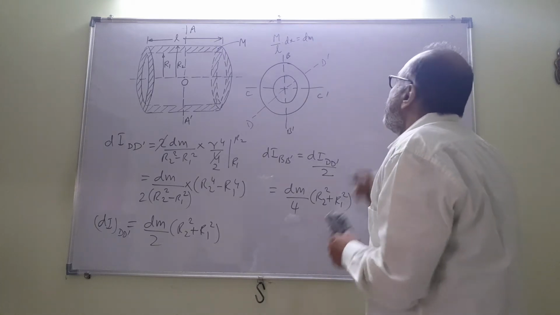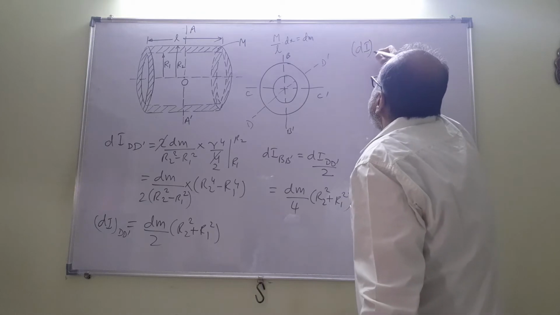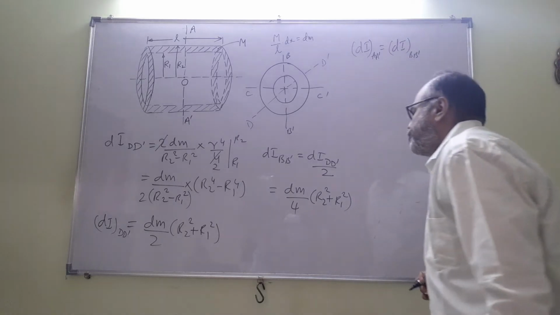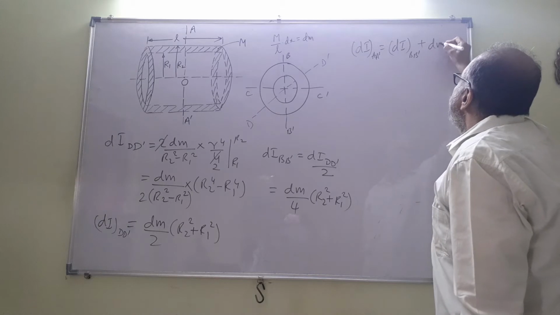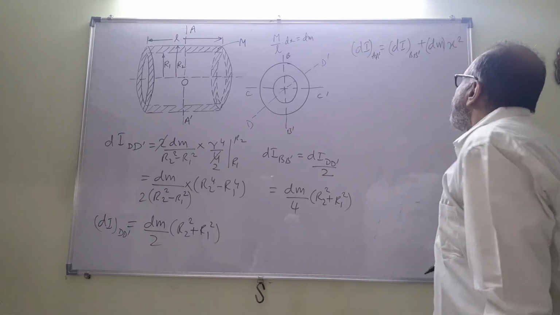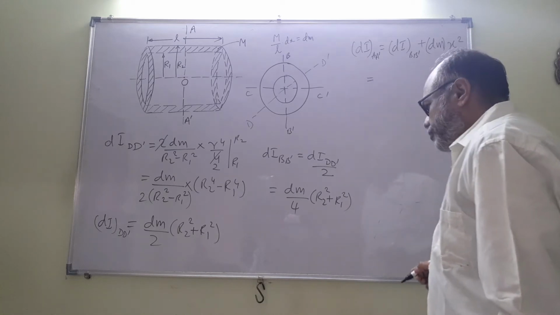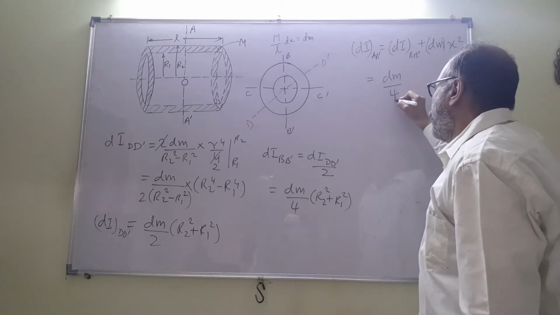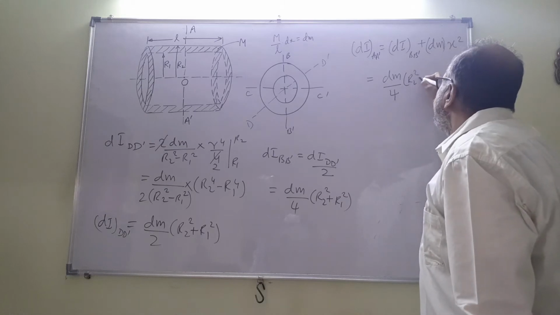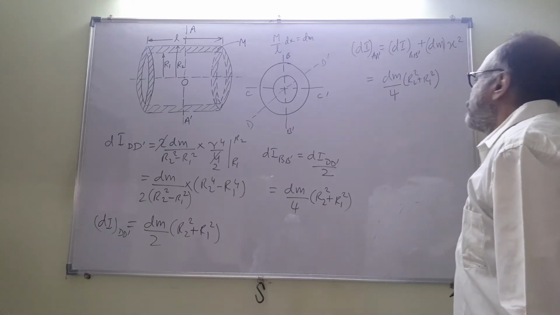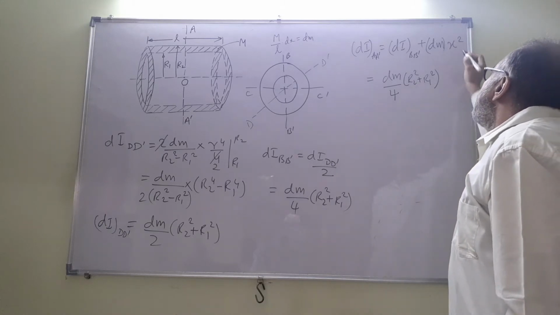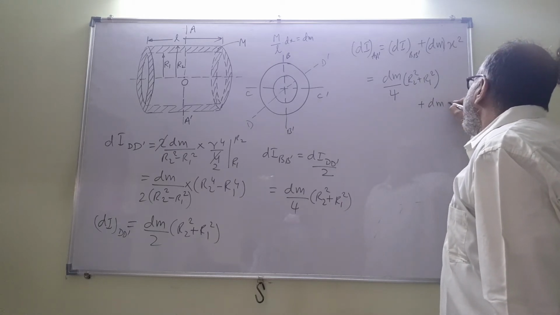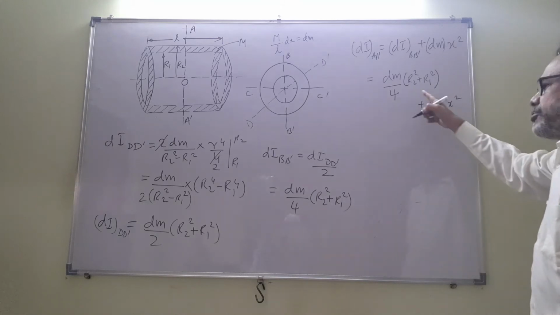About the axis AA dash, dI AA dash is going to be dI about BB dash plus dm into x squared by the parallel axis theorem. dI BB dash is dm by 4 into (r2 squared plus r1 squared), plus dm x squared.